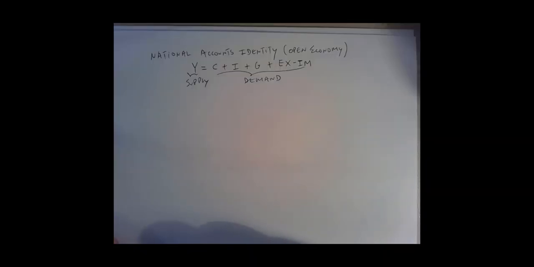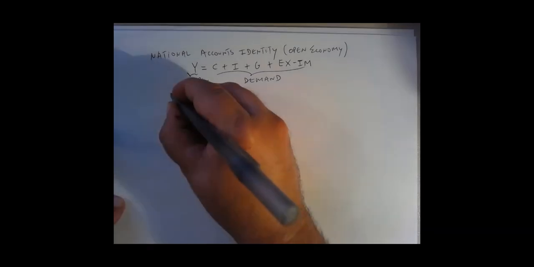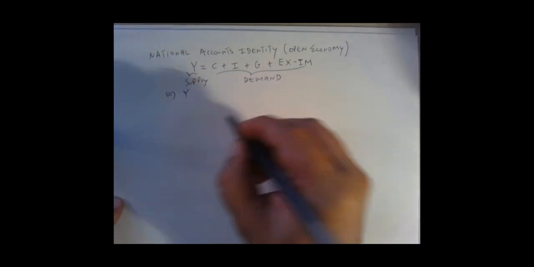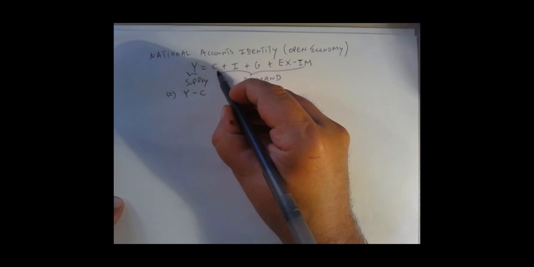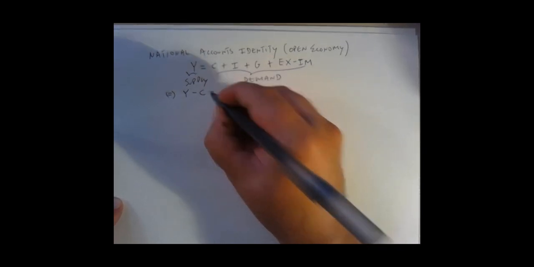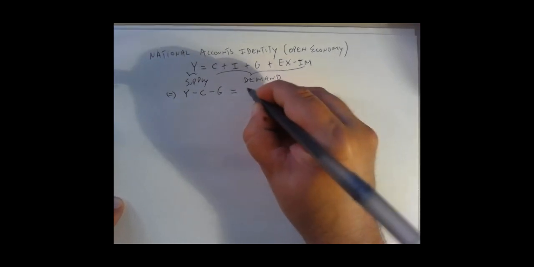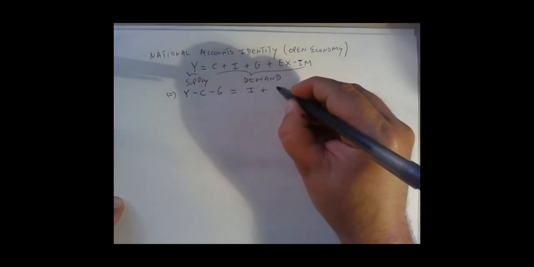Now let's work out this equation to get at the point that Carbau is making on slide 25. It's merely rearranging the terms. So if we move to the left-hand side of the equation the consumption and the government purchases, and keep the remaining on the right-hand side.